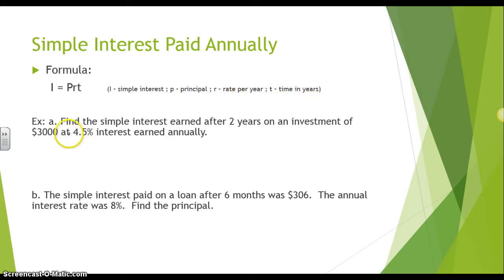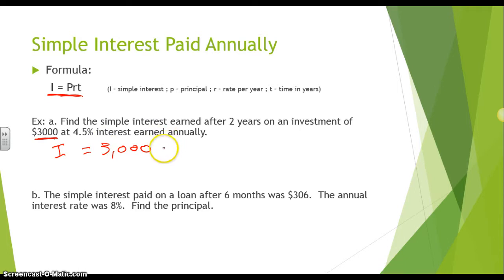So here's our first example. Find the simple interest earned after 2 years on an investment of $3,000 at 4.5% interest earned annually. So I'm going to use this formula to set this up to help me solve. So we're solving for I here. I equals P, my principal, is my starting rate. My starting rate is $3,000 times my rate.